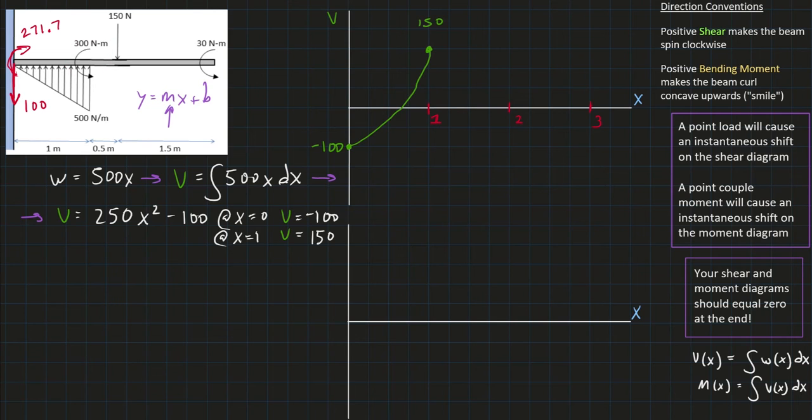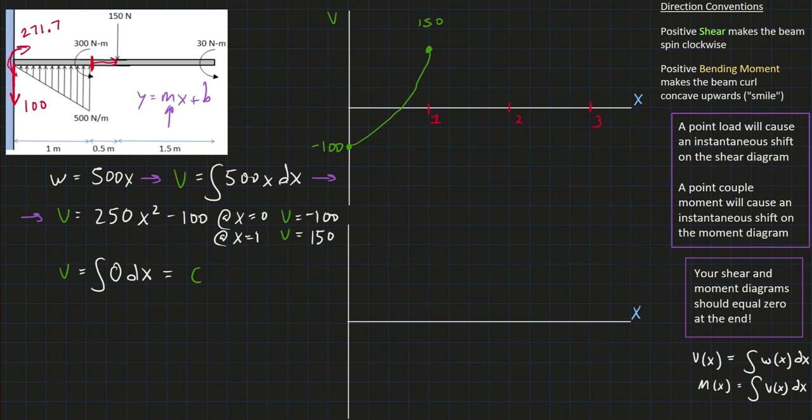We have an instantaneous couple moment here, but we know that that only affects the moment diagram, so we can ignore it. I keep moving a little bit forward, and I figure out that I don't have any w there. My w is 0. So I take the antiderivative of 0 to get my shear, and the antiderivative of a 0 is just a constant.